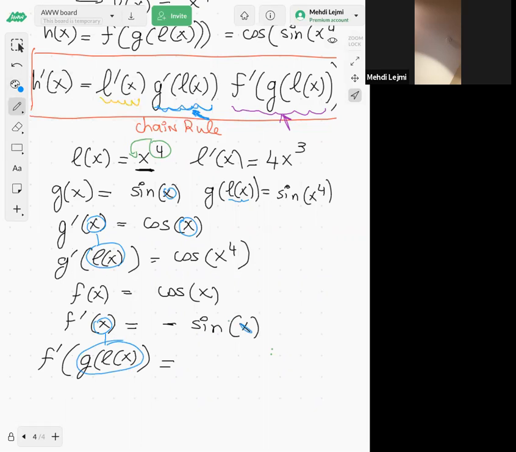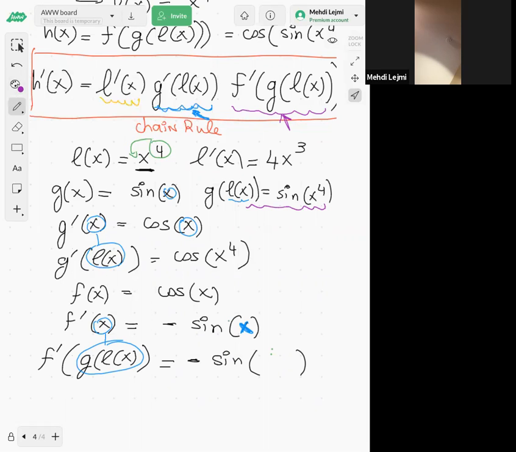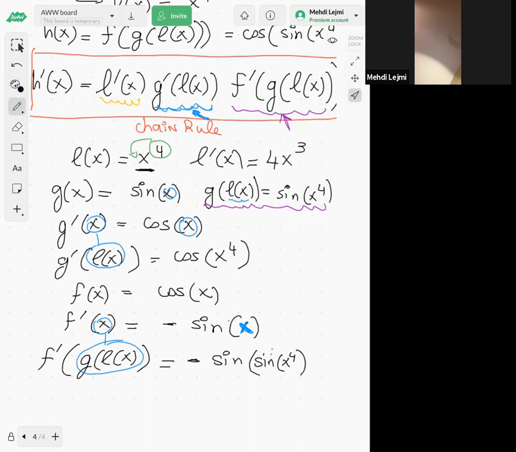So we have minus sine, and g of L of x, we just said, is sine of x fourth. So f prime of g of L of x is minus sine of sine of x fourth.